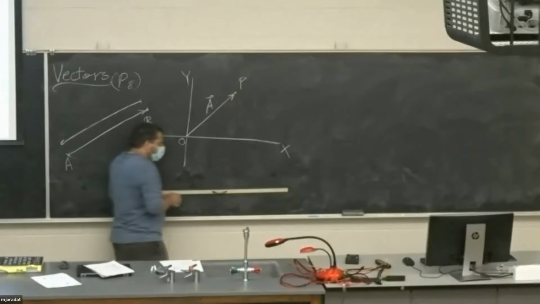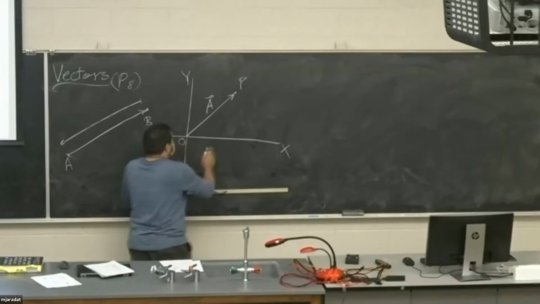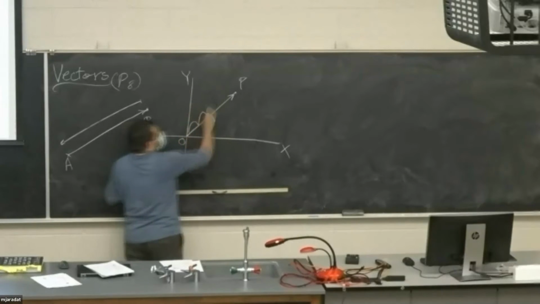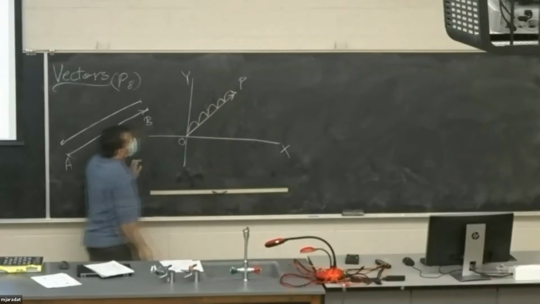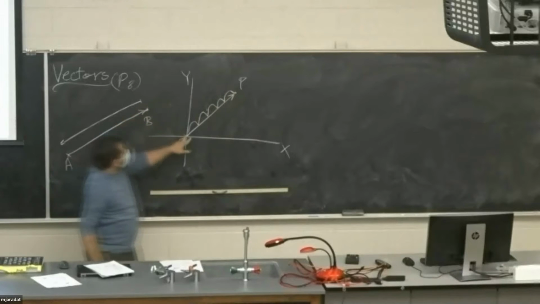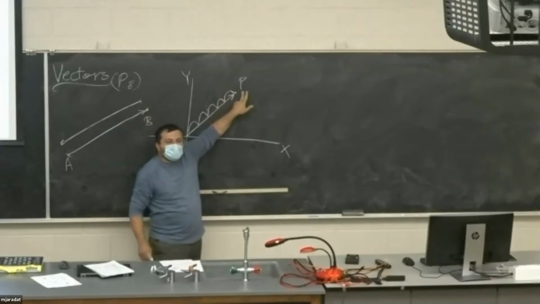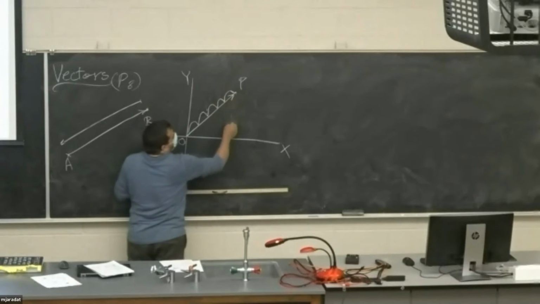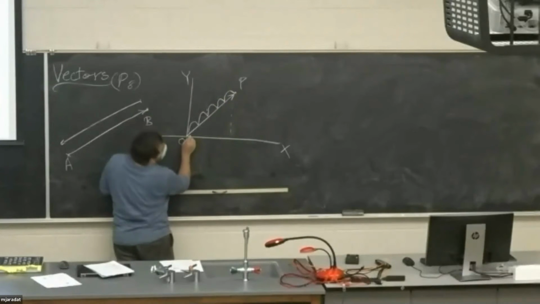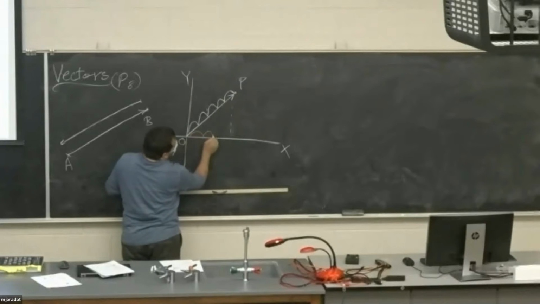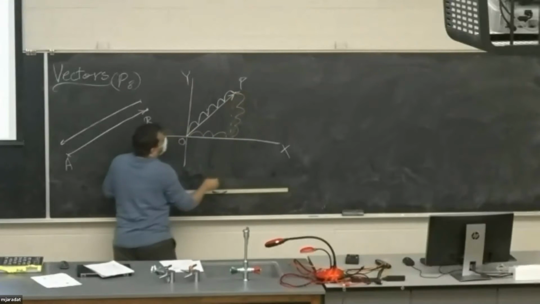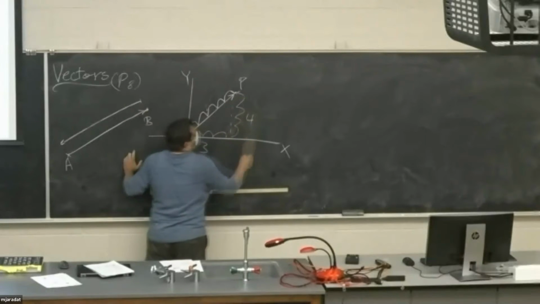Some of us maybe will move directly like this, 5 steps, and I reach from O to P. Another one may tell us I need to go like this: 1, 2, 3. 1, 2, 3, 4. This is 3. This is 4.